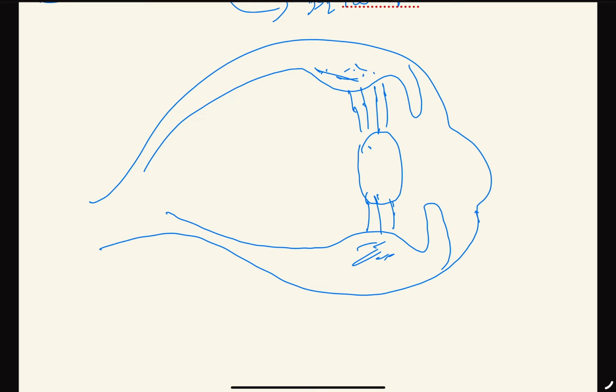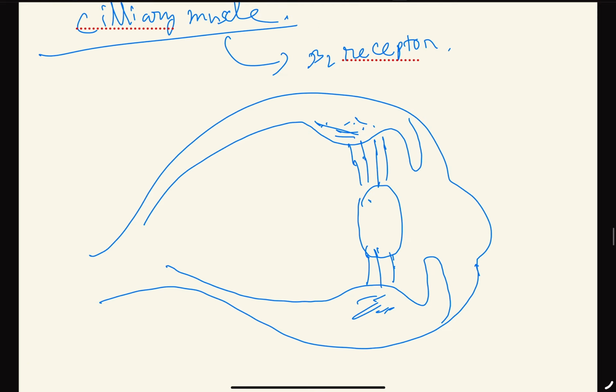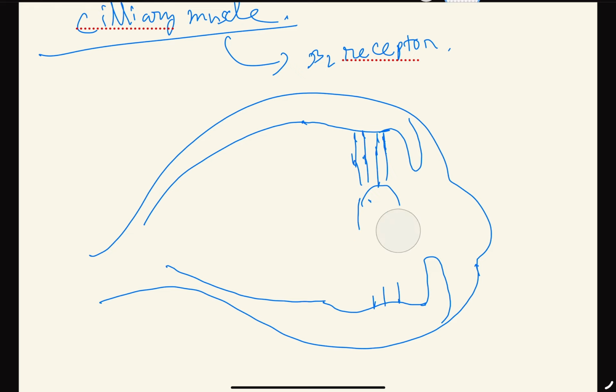When this ciliary muscle gets relaxed, because it has beta 2 receptor, the suspensory ligaments get tightened. When the suspensory ligaments get tightened, this lens becomes flattened, and when the lens becomes flattened, you can have a distant vision.